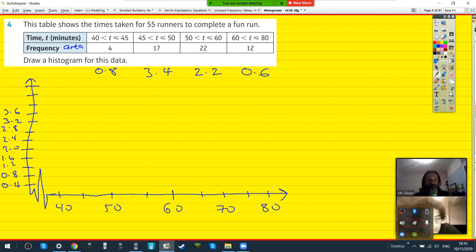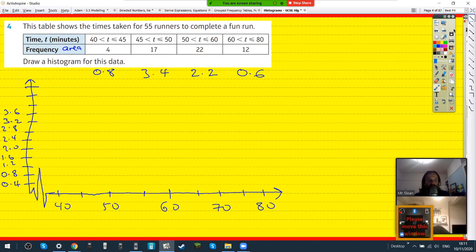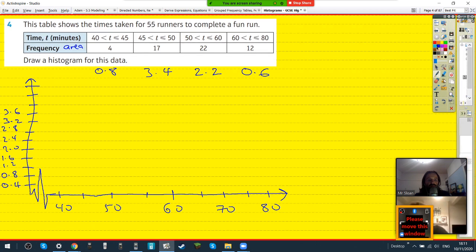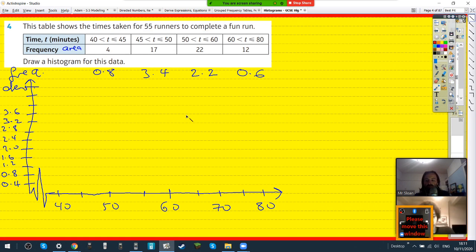How do we draw histograms? Wait, is the width the frequency density? The height is the frequency density. So the first one will go up to 0.8. And where is the base? The base would be from 40 to 45.